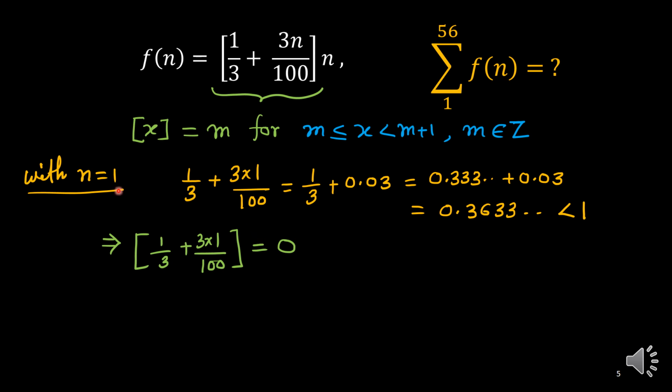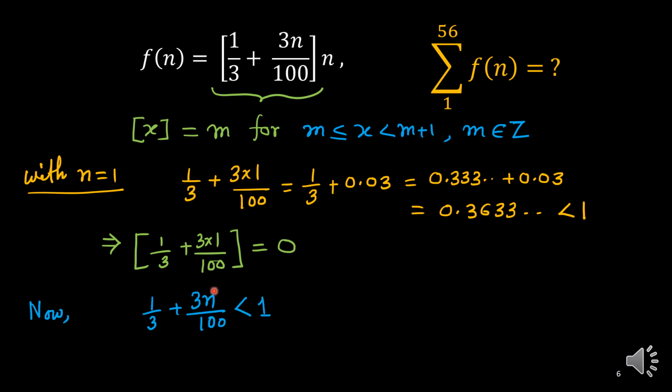What will happen with n equal to 2, n equal to 3? Will it remain 0, meaning its value will remain within 1, or will it cross 1? We have to make sure of that. So we will try to find out when the expression 1 upon 3 plus 3n upon 100 will cross 1 or remain less than 1. This value should be within 1.